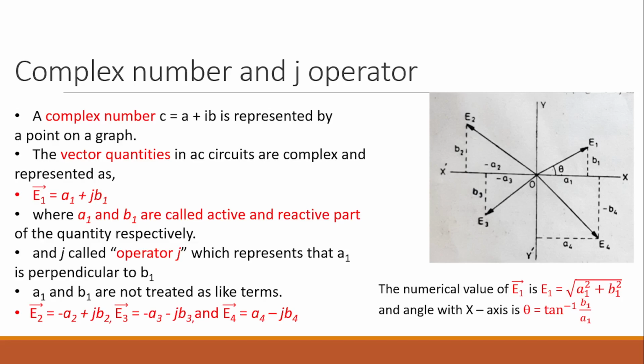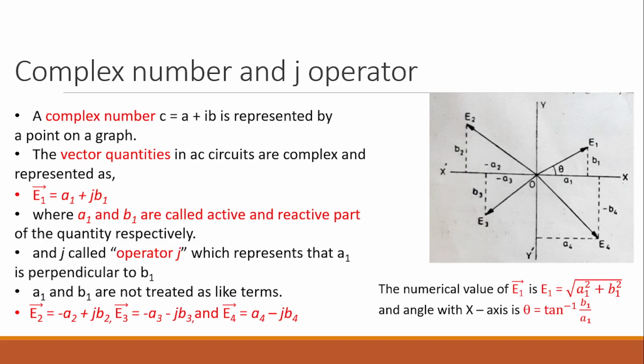Similarly, we can write vector E2, and what is the active part of vector E2? It is minus A2, since it is towards the negative direction of the x-axis. And what about the reactive part? It is plus B2. So it is minus A2 plus jB2. So this is vector E2. Similarly, what about vector E3?